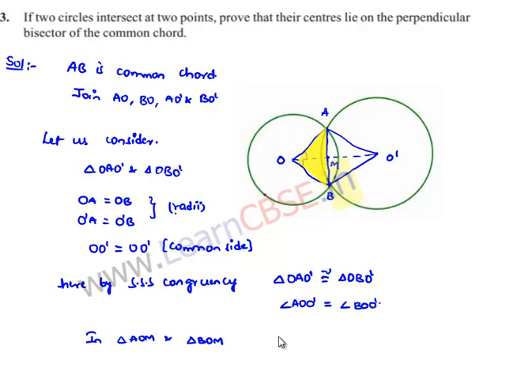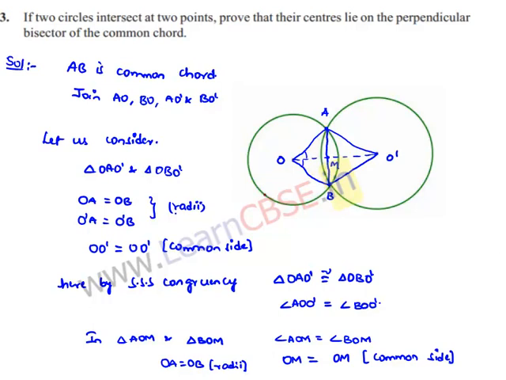In these two triangles, angle AOO', which is angle AOM, is equal to angle BOO', which is angle BOM, since we proved it above, and OM is equal to OM since it is a common side, and also OA is equal to OB since they are the radii of the circle with center O.